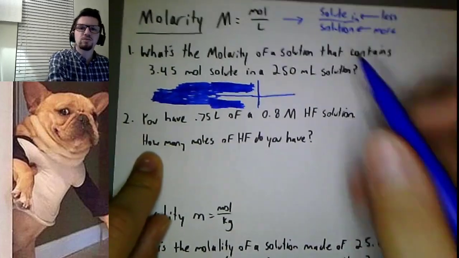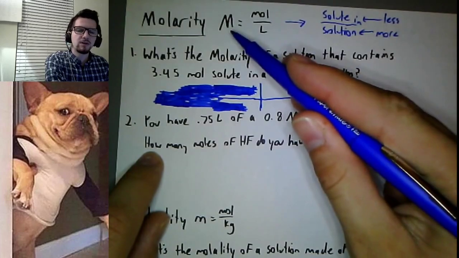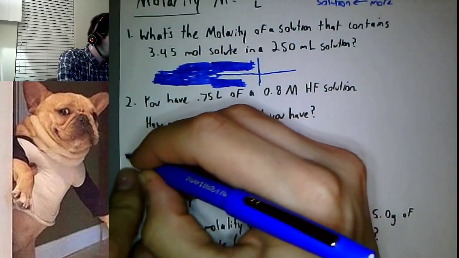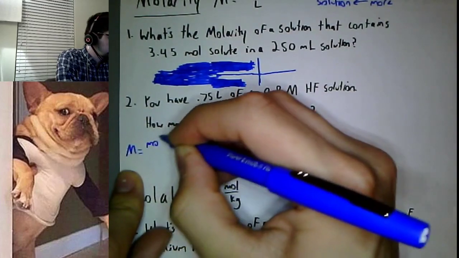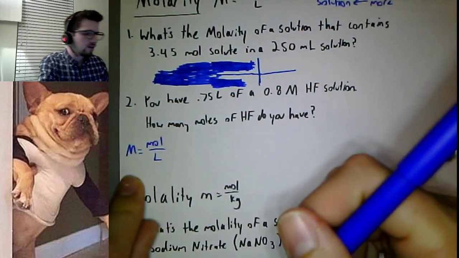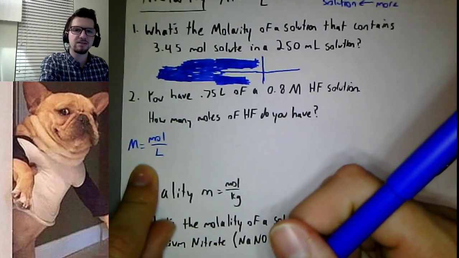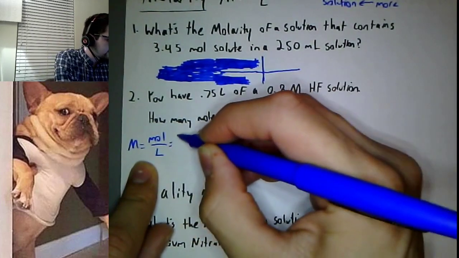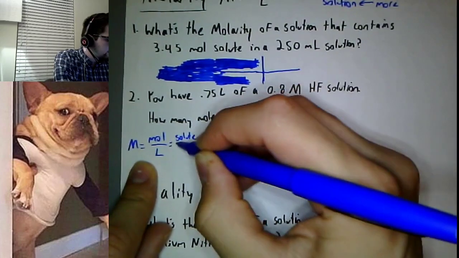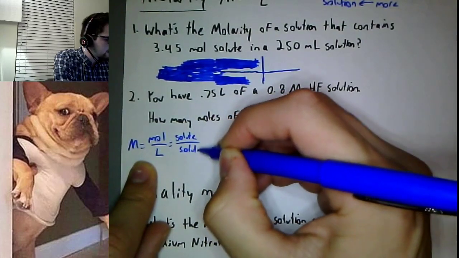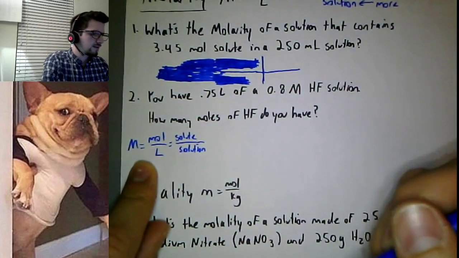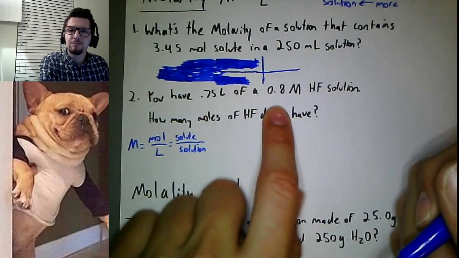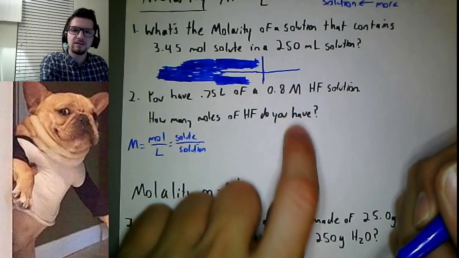Okay, so what is my formula? Molarity equals moles over liters. What can I plug into this equation given what I have? Because I know that it's supposed to be the solute in the solution. Well, I have 0.75 liters of a 0.8 molar.